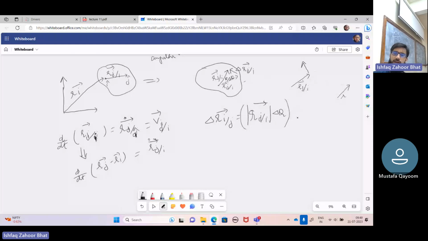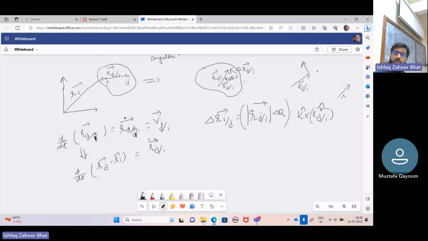But we want the unit vector along this direction. So we can get this by k cross r_ji unit vector. We need only the unit vector because we have found the magnitude. So we cross this k with this unit vector, which is along r_ji.